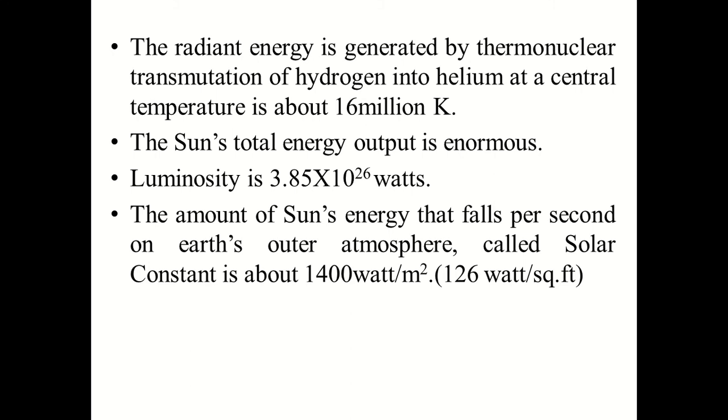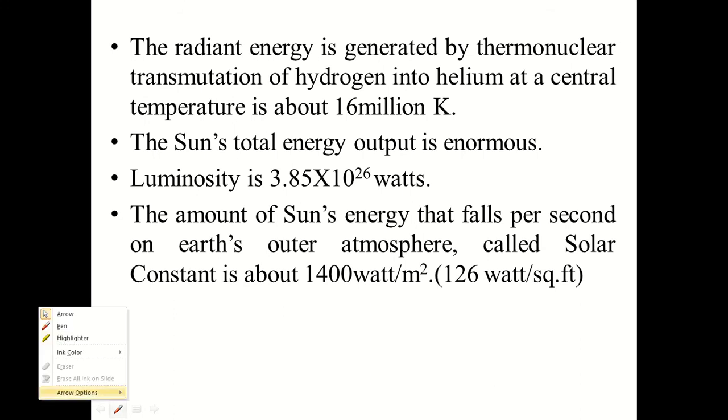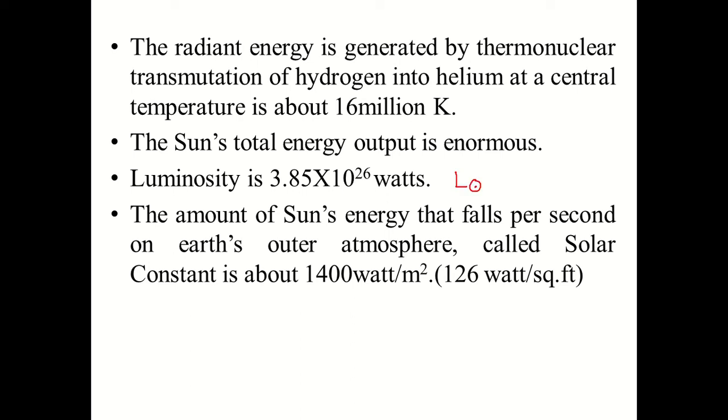As you know, the sun's total energy output is enormous, and if you make a rough estimate of it, it comes to around 3.85 into 10 raised to 26 joules per second. That is what is called the luminosity of the sun.